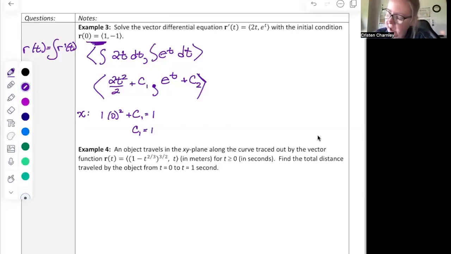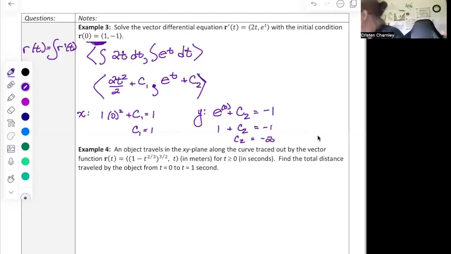When I work on the y component of this vector, the antiderivative of e to the t we said was e to the t. So if I put 0 in place of t, I have e to the 0 plus that second constant of integration, which is equal to -1. So 1 plus c2 equals -1, and c2 is going to be equal to -2.